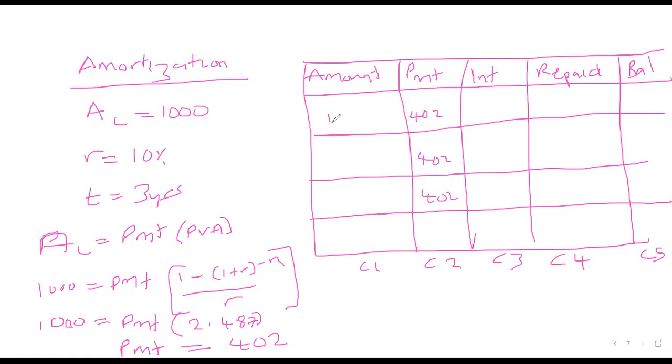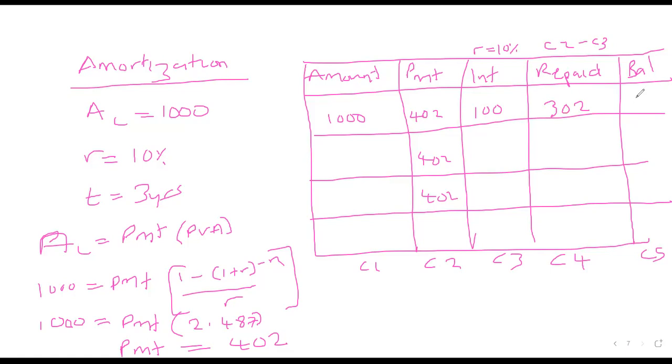So our amount we started with was 1,000. Our interest rate is 10%. So 10% of 1,000 is 100. Then this one is simply column 2 minus column 3. So when we subtract these two, we get 302.